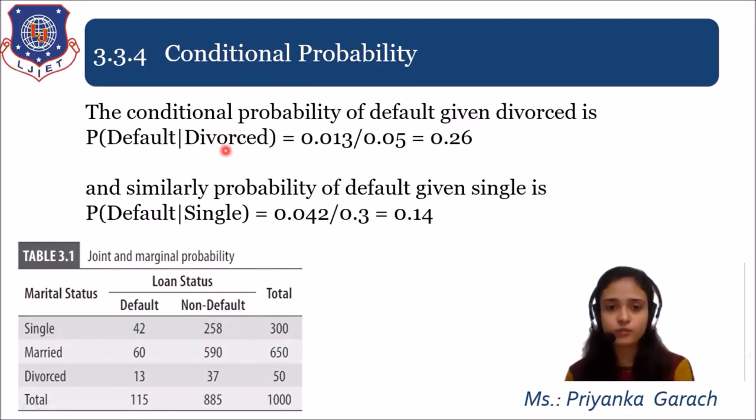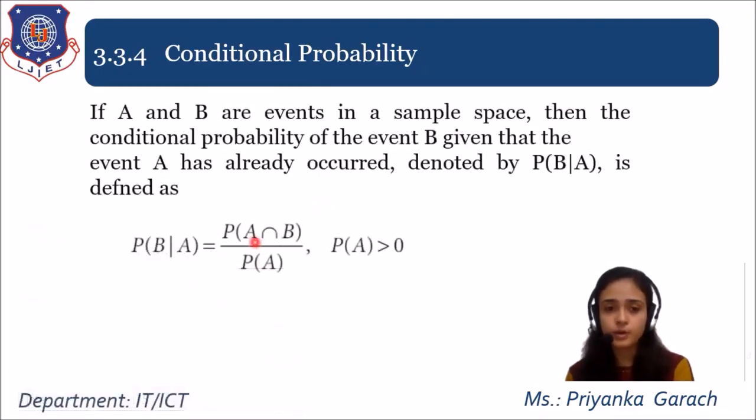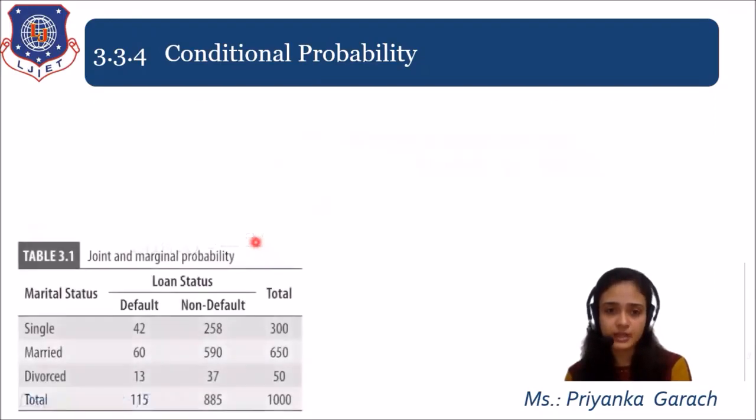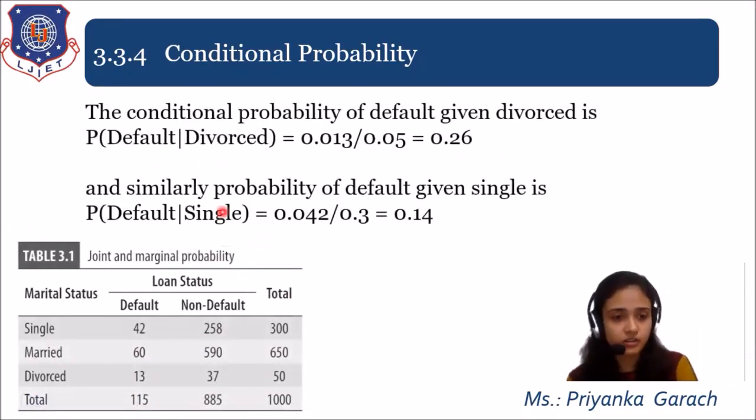So what will be its formula? Probability of A intersection B, so the probability of default intersection divorced. This is my default and this is my divorced. The value is 13, so 13 divided by 1000, and I get the answer as 0.013.